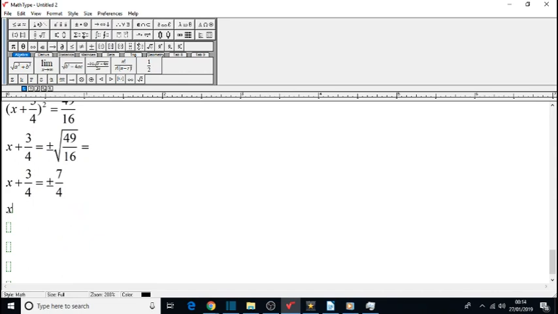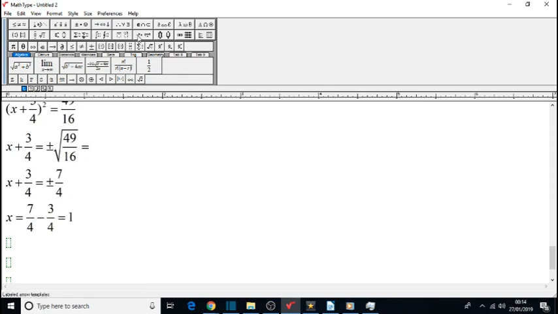So now, x values. We want to get x on its own, we're going to minus 3/4. When it's positive 7/4, positive 7/4 minus 3/4, that's equal to 1.